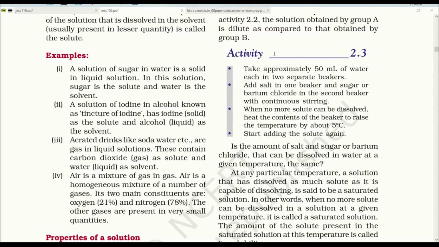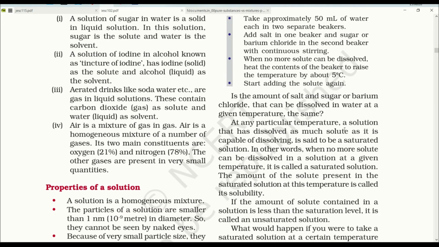Activity 2.3. Take approximately 50 ml of water each in two separate beakers. Add salt in one beaker and sugar or barium chloride in the second beaker with continuous stirring. When no more solute can be dissolved, heat the contents of the beaker to raise the temperature by 5 degrees. Start adding the solute again.